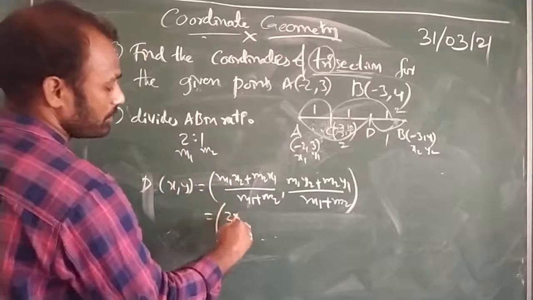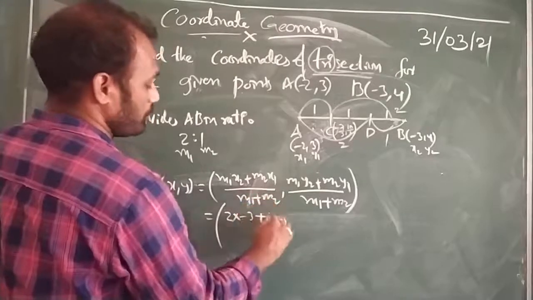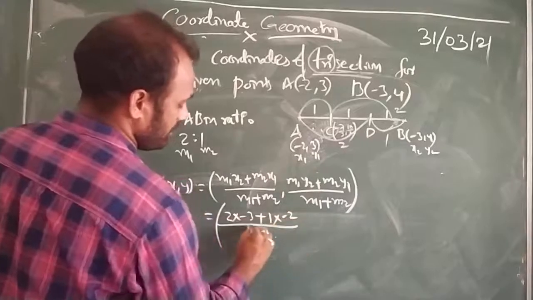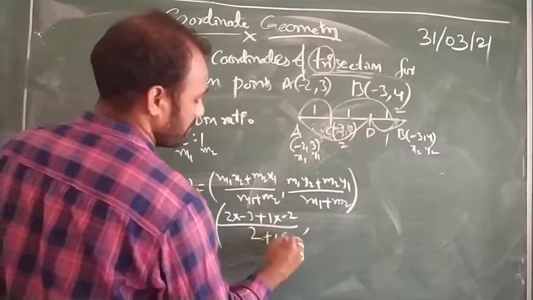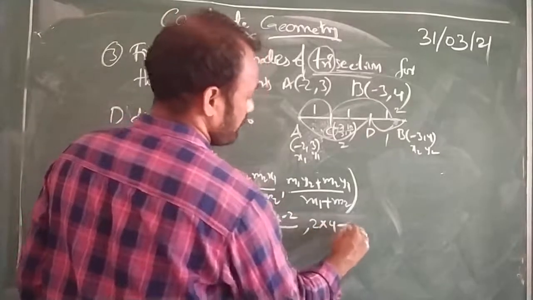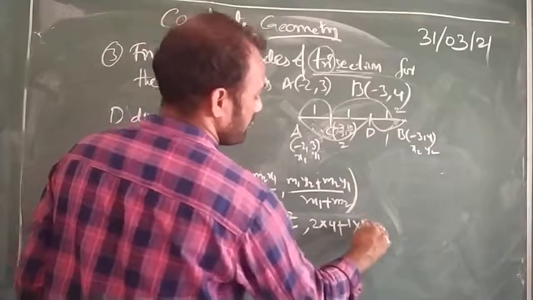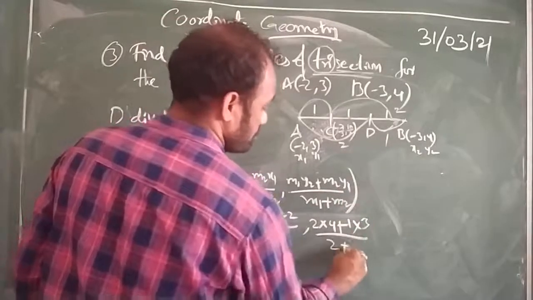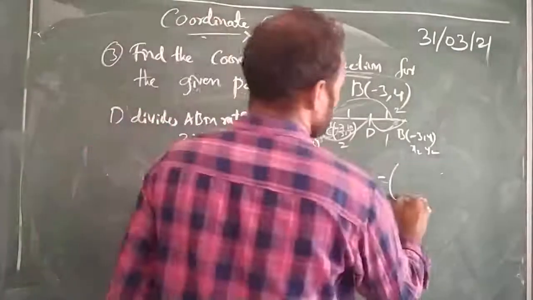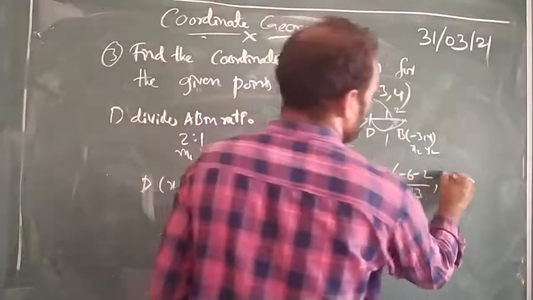So m1 2 into x2 minus 3 plus m2 1 into x1 minus 2 divided by 2 plus 1 comma m1 2 into y2 4 plus m2 1 into y1 3 divided by 2 plus 1 is equal to, so 2 3s are minus 6 minus 2 by 3 comma 8 plus 3 by 3.